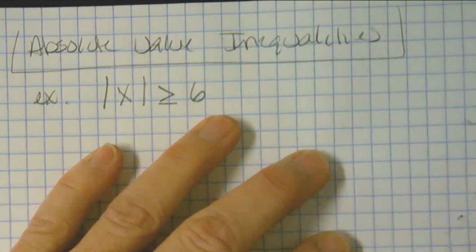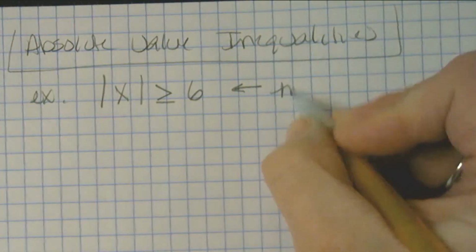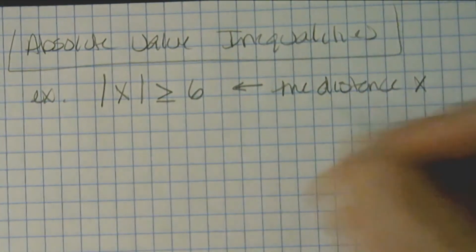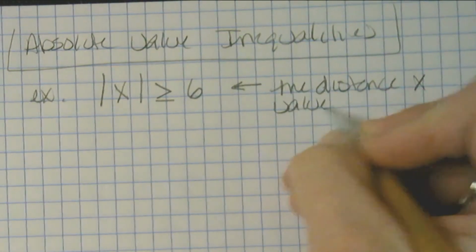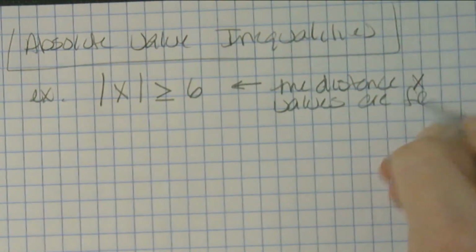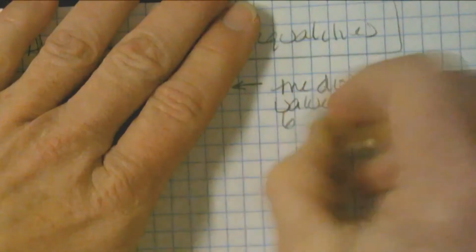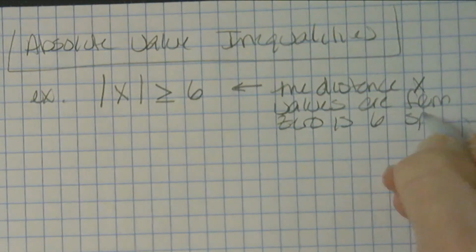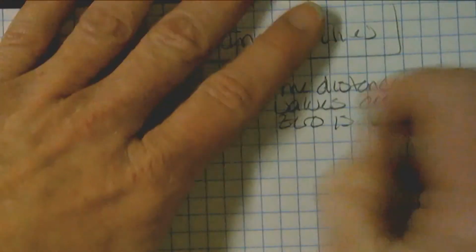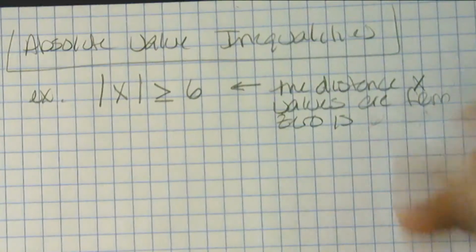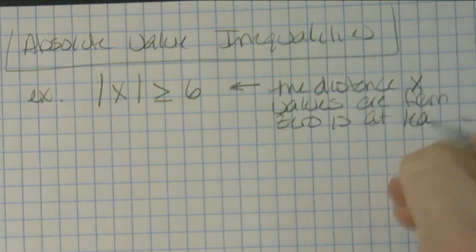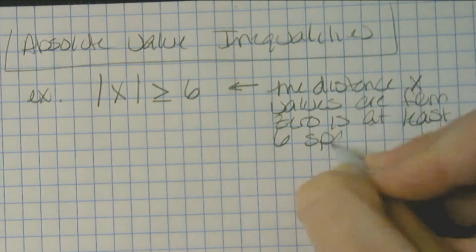So what this means is the distance x values are from 0 is at least 6 spaces, not exactly.